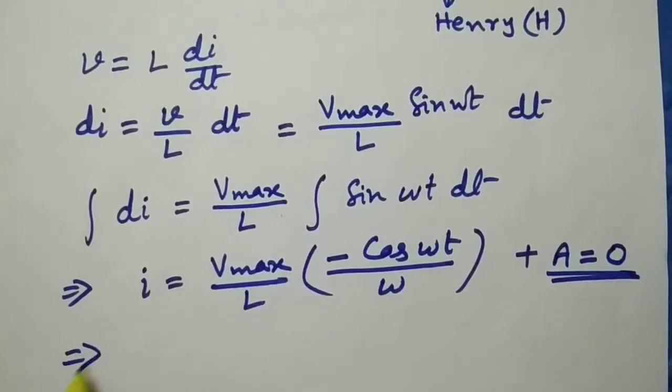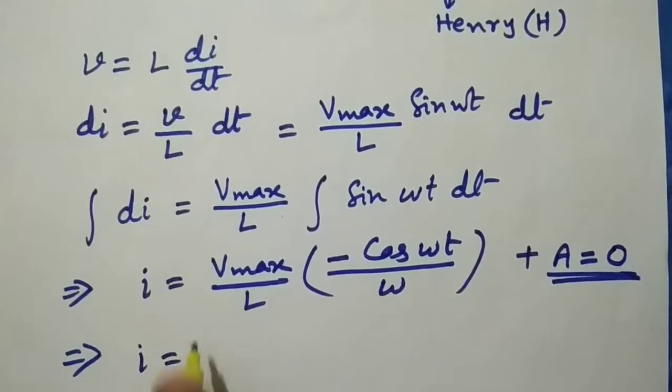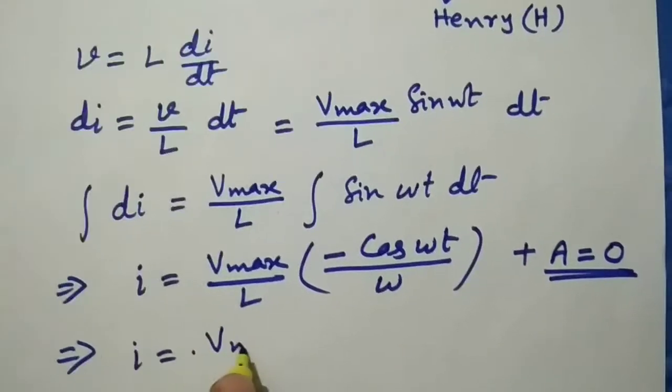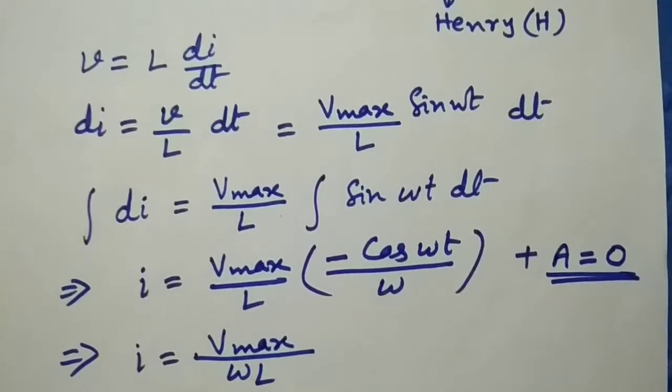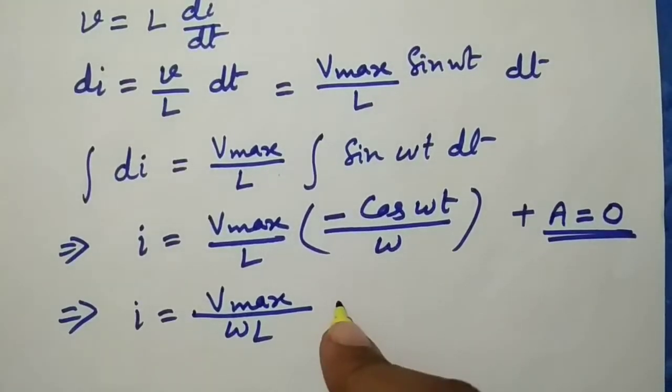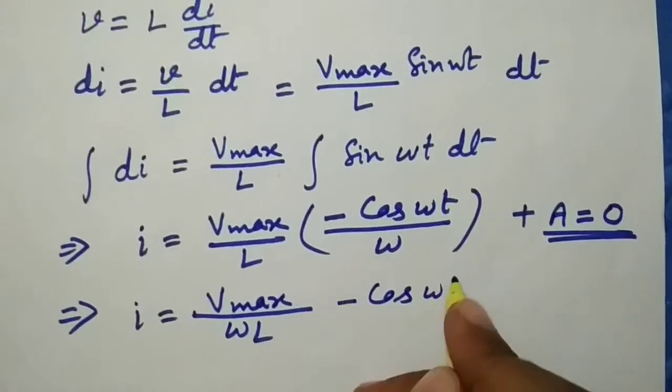Therefore, I is equal to V max upon omega L into minus cos omega t.